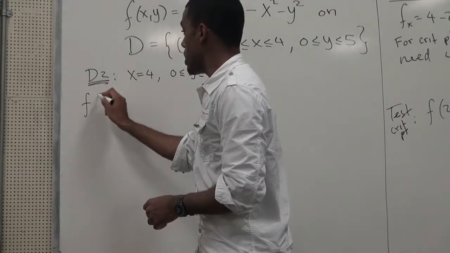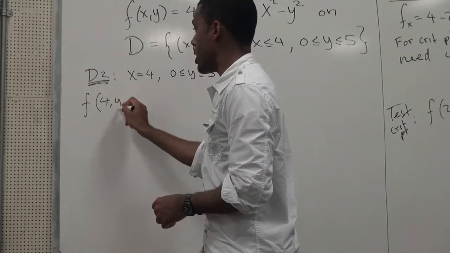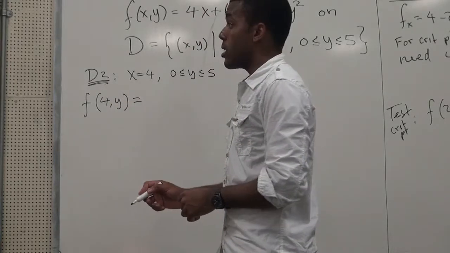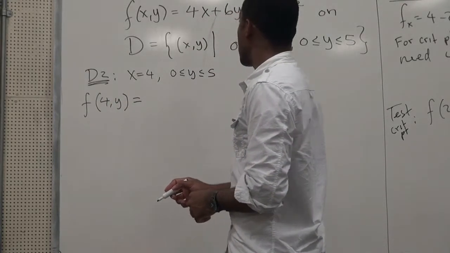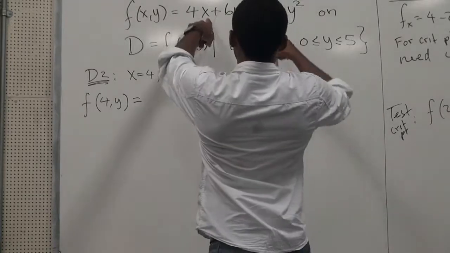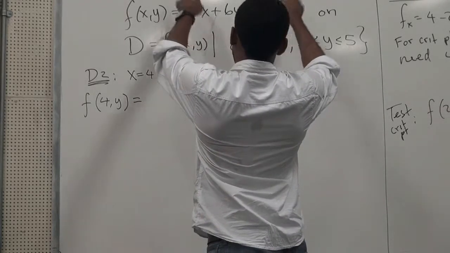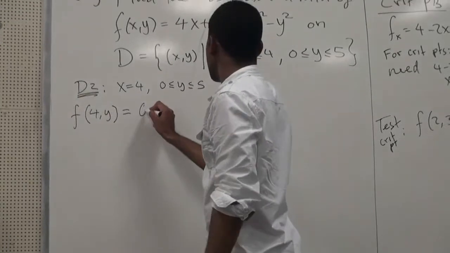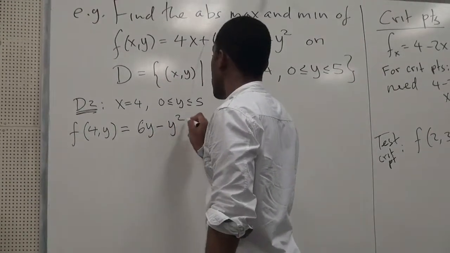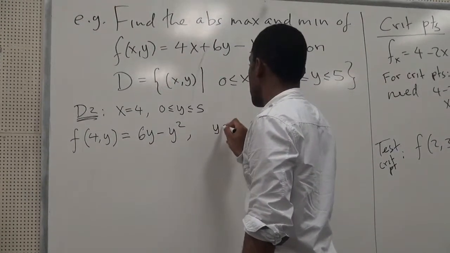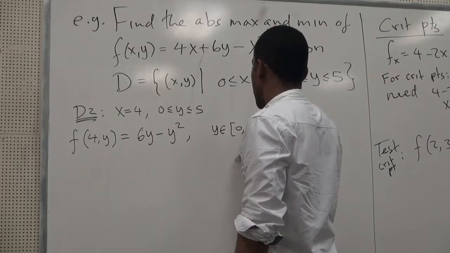So now we're looking at the function f of 4 comma y. Plug in 4 for the x's, they'd actually cancel. So I look like 6y minus y squared, where my y value is on 0 to 5.